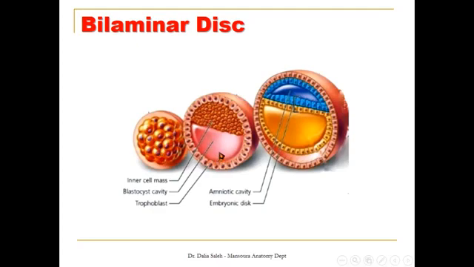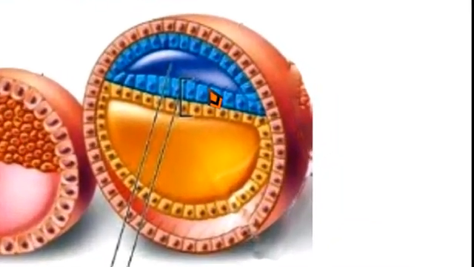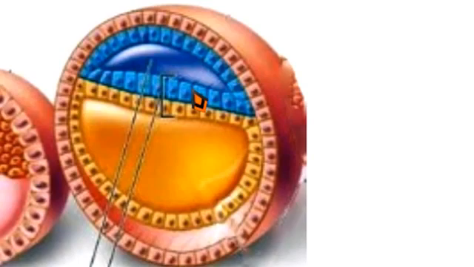Now these cells are arranged into two layers, outer trophoblast layer and the inner cell mass layer. Then the inner cell mass layer will differentiate into two layers to form the bilaminar disc or germ disc. The dorsal one is called epiblast and the ventral one is called hypoblast.